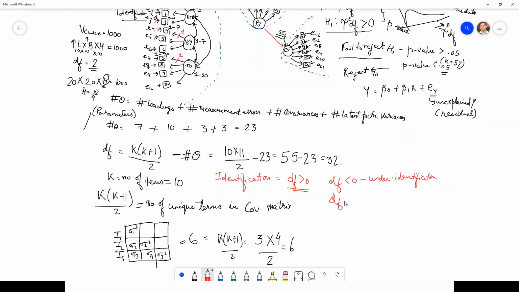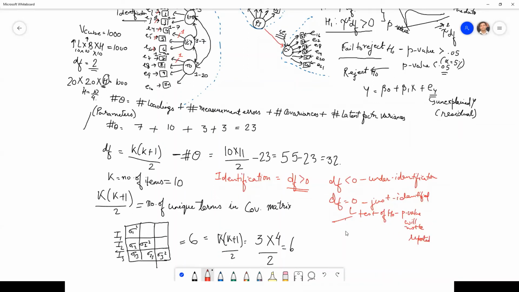If your degree of freedom is equal to 0, when the number of parameters theta is exactly equal to the number of inputs, then df is 0. The tool cannot change anything to reach a different chi-square, so it does not know how good or bad this chi-square is. So this is called just identified. It will not be able to give you any test of H naught. P values will not be reported, and so you cannot say how good or bad your model is.